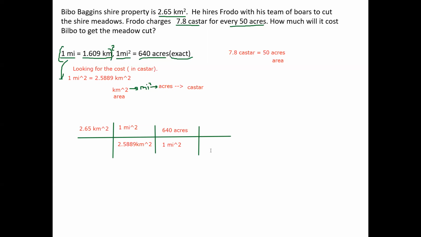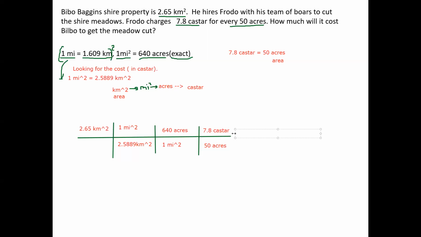So now we've converted miles squared into acres. Then lastly, we want to convert acres into castar. And so here, again, in our empty train track to the top left is acres. So the acres goes on the bottom. The castar go on top. And so you see everything cancels except castar.